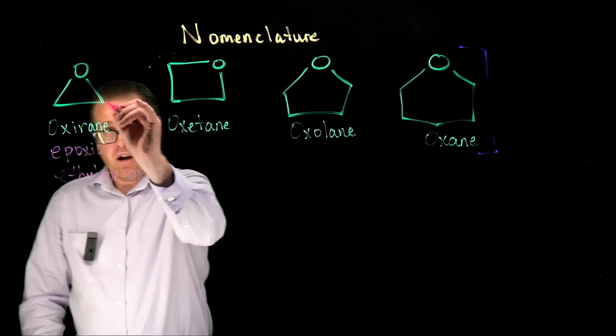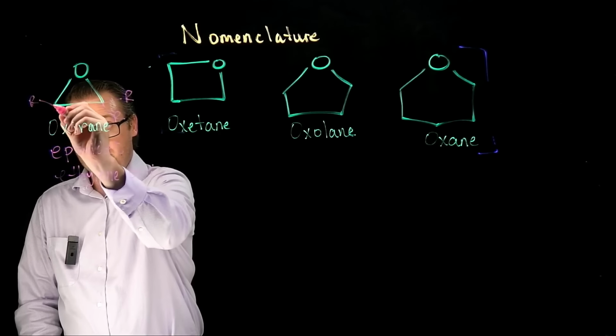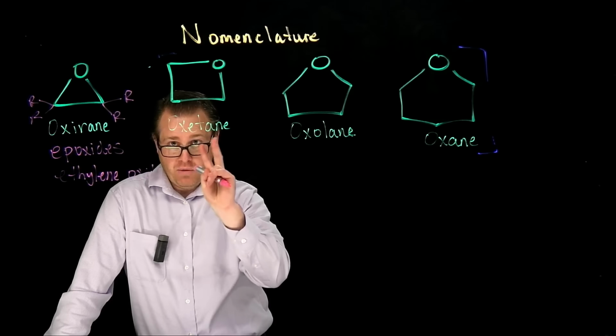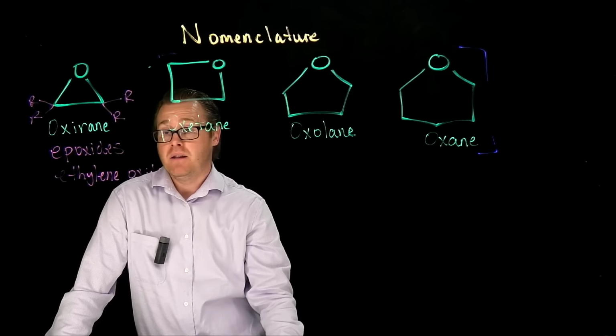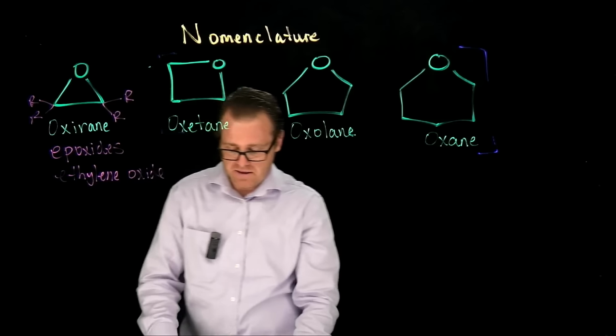But when we start adding more complex groups to that epoxide, there are 2 methods to systematically name these epoxides. So let's look at the first method right here.